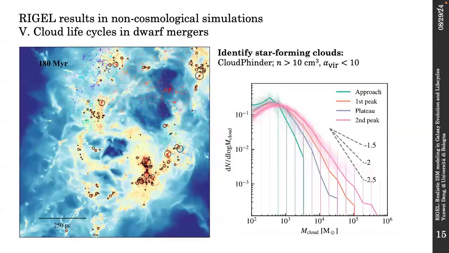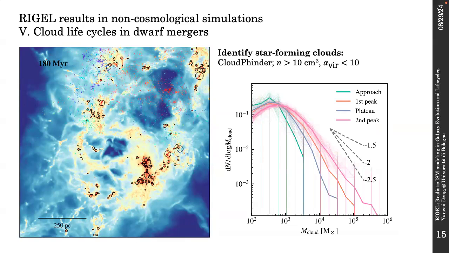To study the star formation at cloud scale, first I need to identify the clouds. So I use the cloud finder code, which is basically a subfind algorithm in Python. I identify clouds by the threshold of density greater than 10 per cc and virial parameter less than 10.